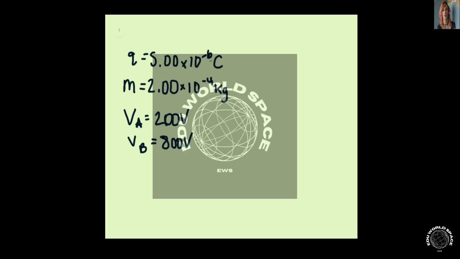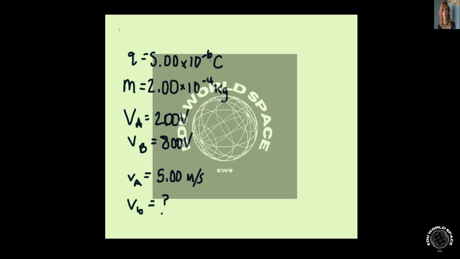The particle has a speed of 5 meters per second at A, and our goal is to get the speed at B. So little v at A is equal to 5.00 meters per second, and our goal is to get little v at B equals question mark.